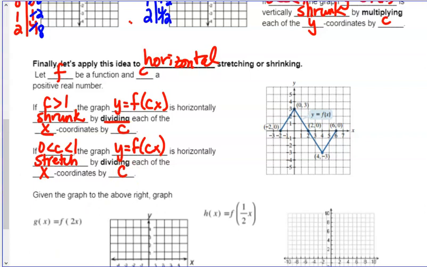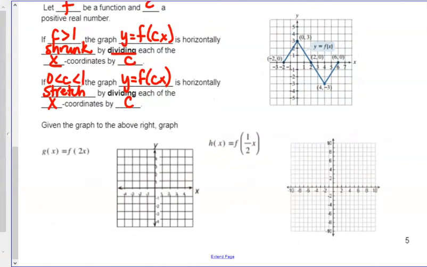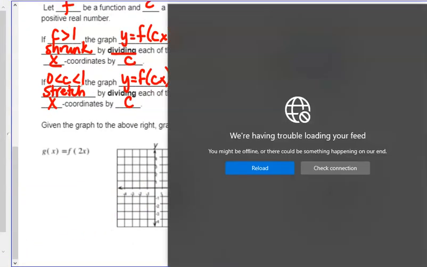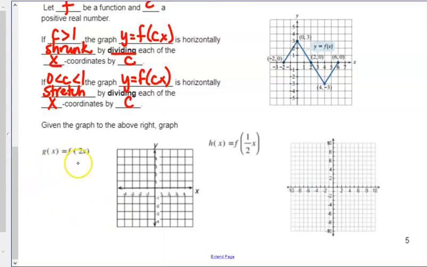Okay? So we're going to do this by example with the graph that we have here. It goes up and down and then back up. We need to notice that here our c value is equal to 2. And what does that mean? Since that number is bigger than 1, we are going to shrink that graph by dividing each of our x coordinates by c.